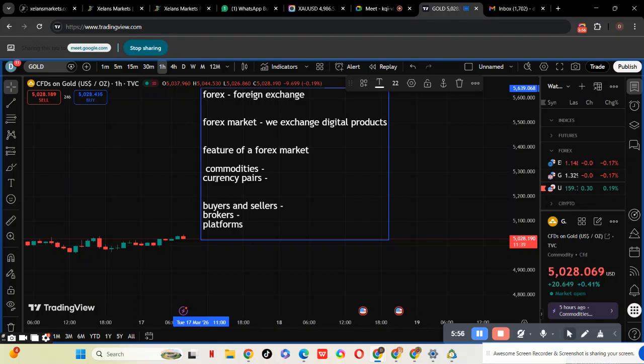You can say you want to trade the Canadian dollar and the New Zealand dollar. You can say US dollar against Japanese yen, etc. When you combine the two, we call them currency pairs. One currency will become the buyer, and the other one will become the seller.